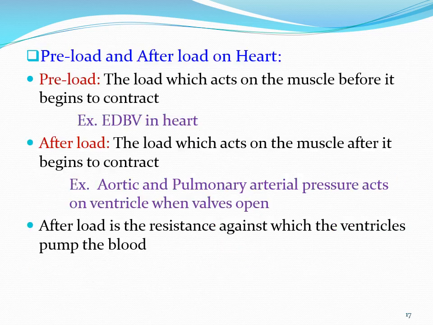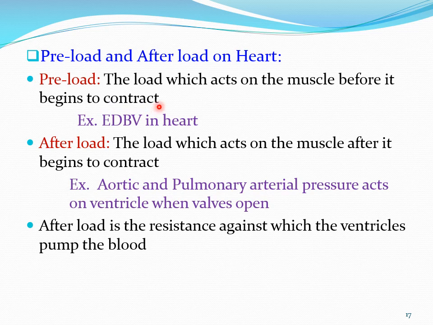Okay, now we'll continue. Two more terms regarding this property, contractility: preload and afterload on the heart. So what is preload on the heart? What is the meaning of preload on any muscle? The load which acts on the muscle before it begins to contract.